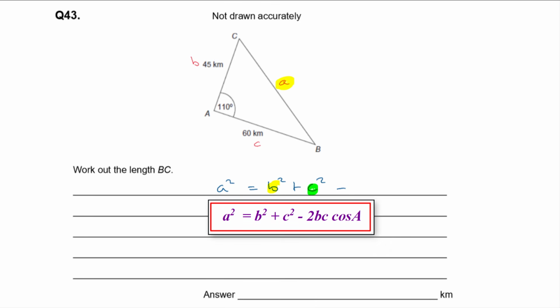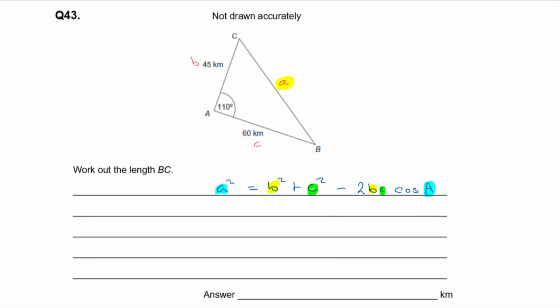So it's going to be minus 2bc, repeating the b and the c that came before, and then it's the cosine of the letter you started with. So 2bc cos A in this case. Again, look, I remember the pattern, so I can just reformulate it for whatever given letters I've got to work with.